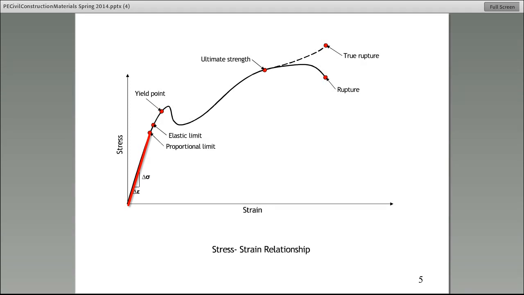So who can remember Hooke's law in this case? Hooke's law was E is equal to sigma over epsilon. E, which is the modulus of elasticity, which is nothing other than the slope of the linear portion of this curve, is equal to sigma over epsilon. So Hooke's law, let me see if I can write this very quickly.